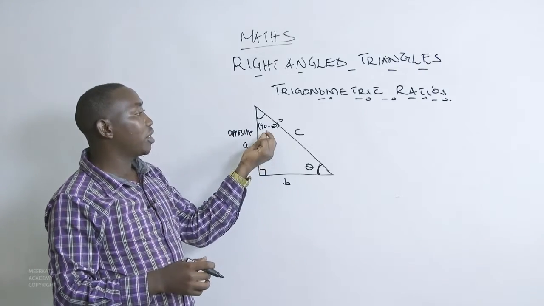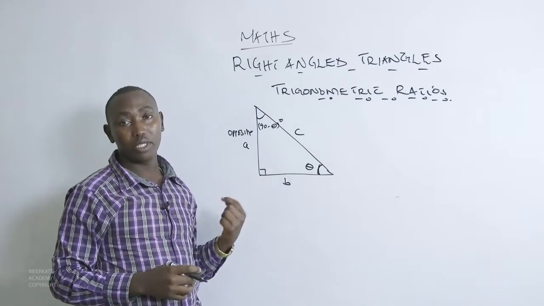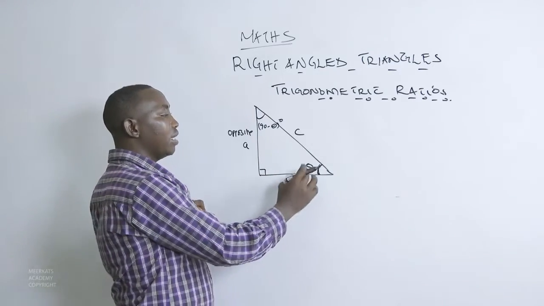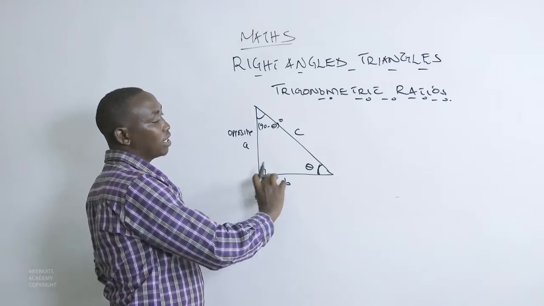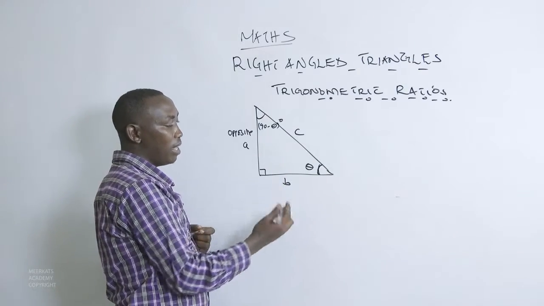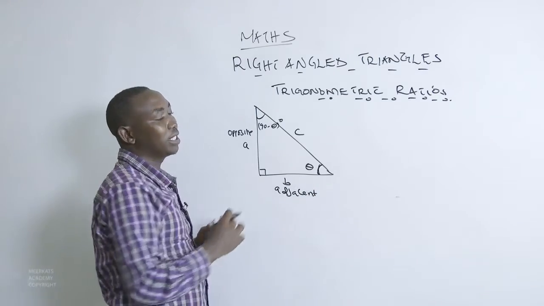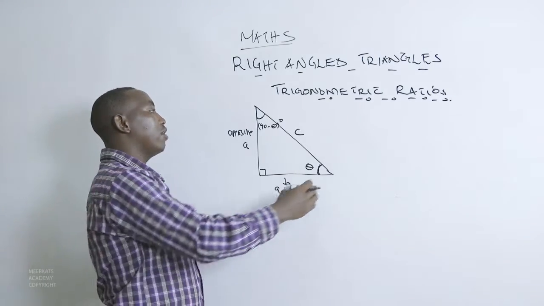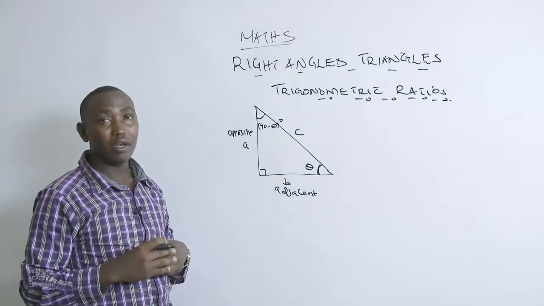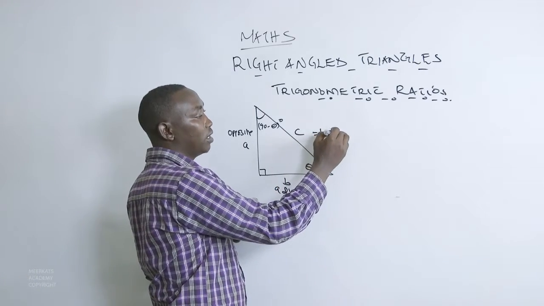But in case you're talking about the opposite to angle 90 minus theta, then this one will be the opposite side. Again, side B is adjacent to this particular angle, and therefore this side B will be called the adjacent to that particular angle. Then, of course, the longest side of a right angle triangle will remain to be called the hypotenuse.